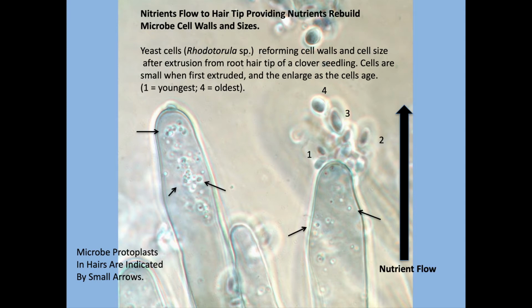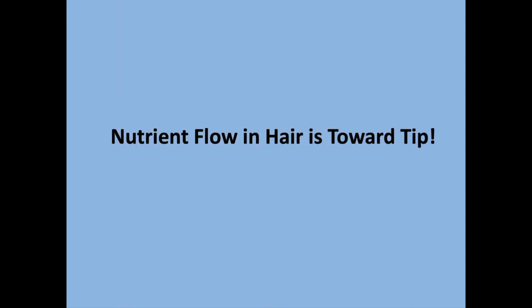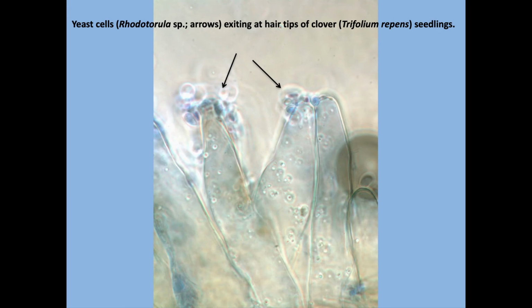So what has to be happening is these yeasts are getting nutrients as they're being produced outside, suggesting that the flow of nutrients is out of those hairs, going to the microbes as they reform there. And what nutrients? Carbohydrates probably. That's what's cheap for the plant. It can make lots of photosynthate. This just shows that again in clover.